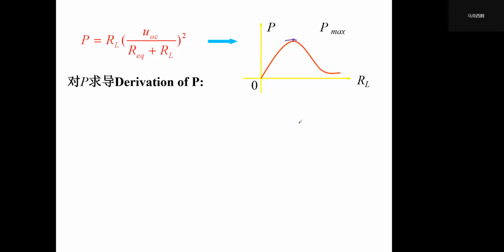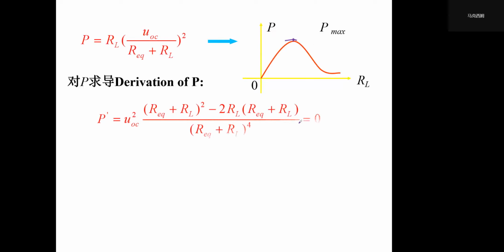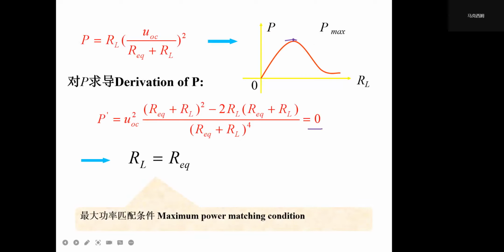So we do the derivation of the power P, and we put its derivative equals to 0. Then we can calculate the point of the maximum power. When the maximum power happens, the value of the load equals the value of the equivalent resistance.